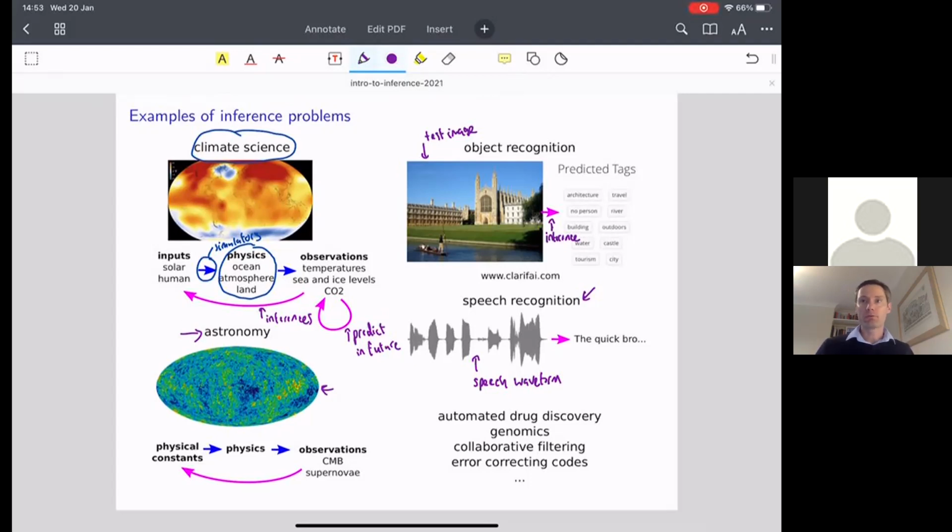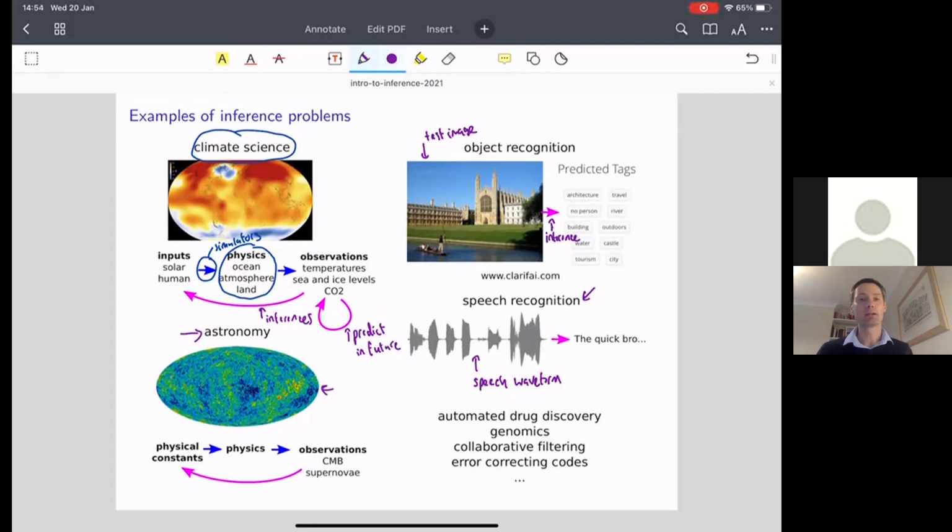So these are some examples, the last two from engineering. I could have listed hundreds of them. So things like being able to automate drug discovery. In drug discovery, you want to predict the properties that molecules will have before you synthesize them. And so you need a prediction system for predicting or inferring the properties of, say, a molecule from its molecular structure.